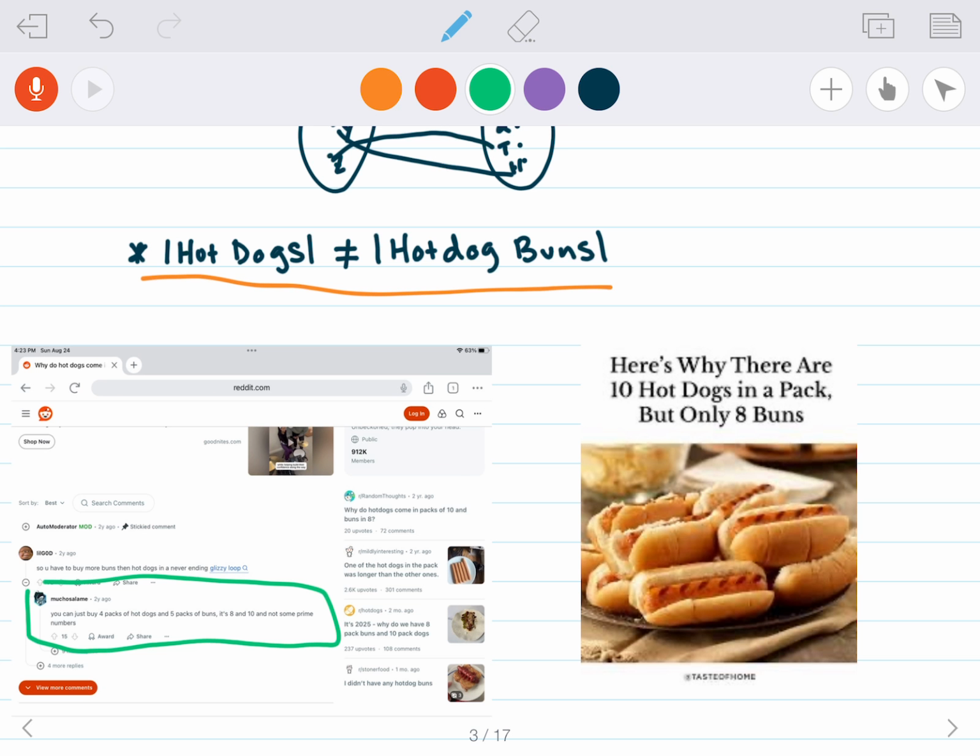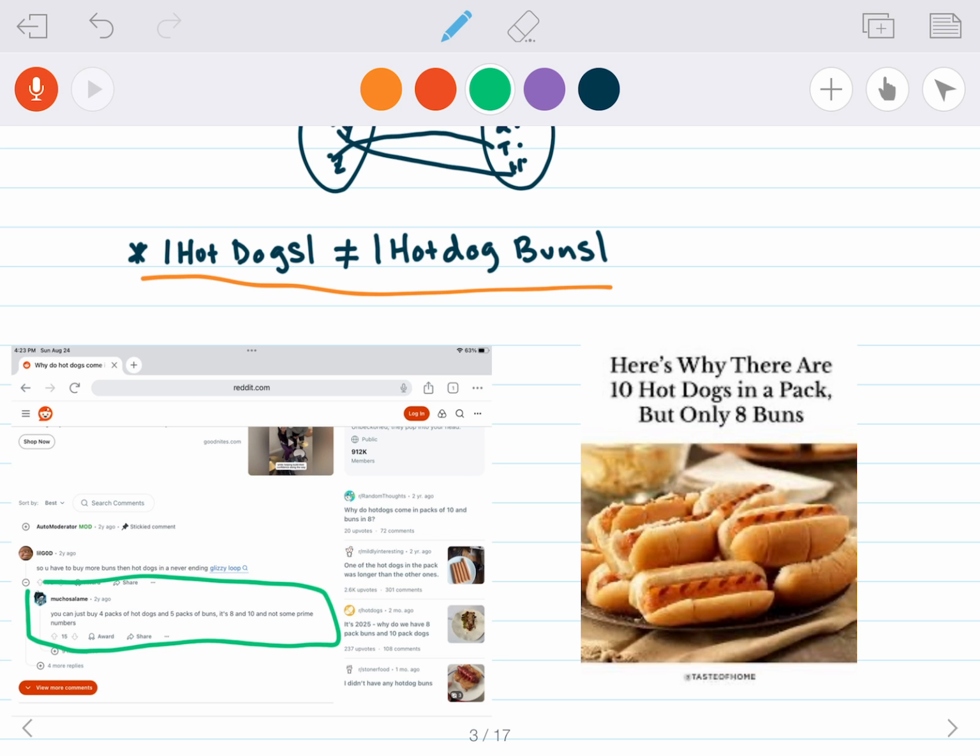And I think what maybe they meant to say is that they're not large, relatively prime numbers because, if you had 5 hot dogs in a pack and 7 buns in a pack, those are prime, but you could just find the least common multiple, 35, and say, okay, well, I have to buy 7 packs of hot dogs and 5 packs of buns, and then there's your bijection.